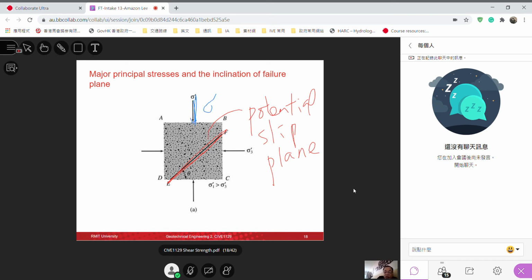Since it's soil mechanics, we have to work with effective stress, not total stress. So the major principal effective stress, see the dash in here, acts in the vertical direction, and the minor principal effective stress acts in the horizontal direction.